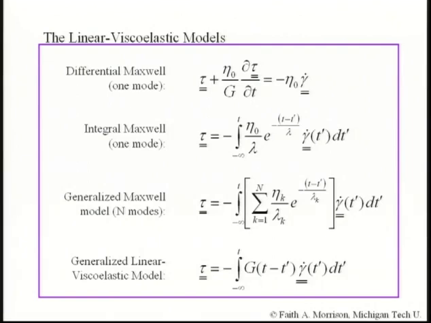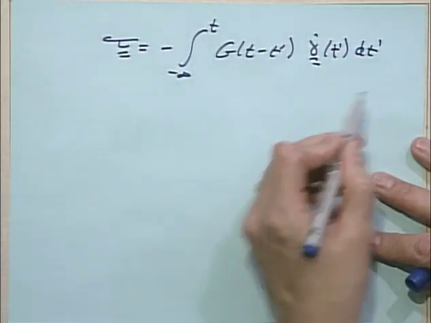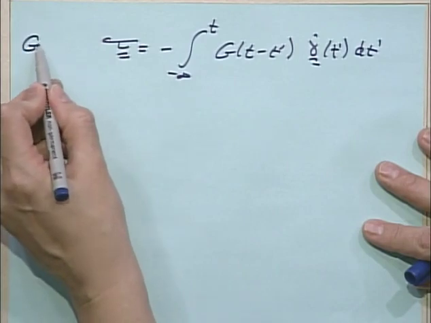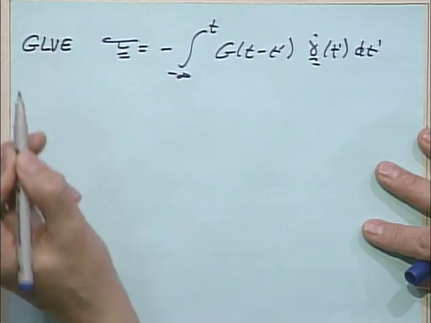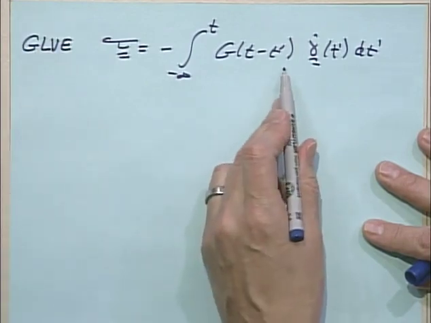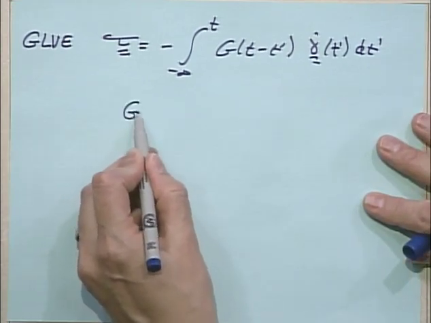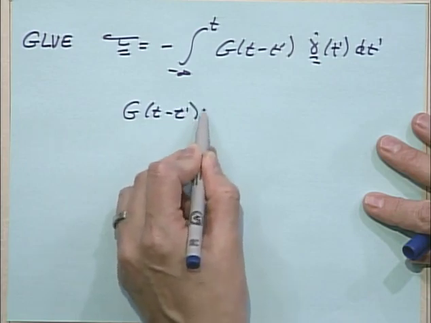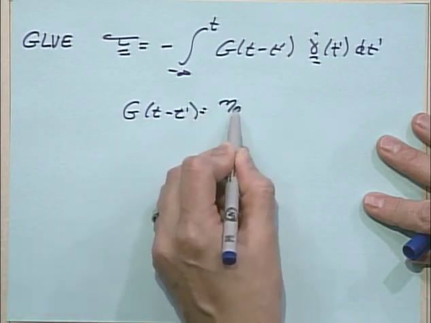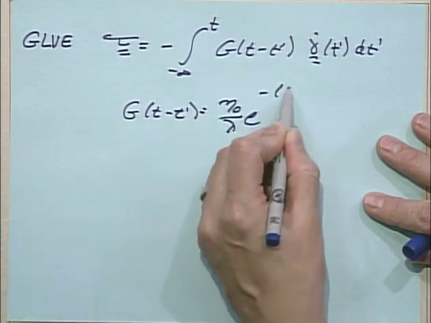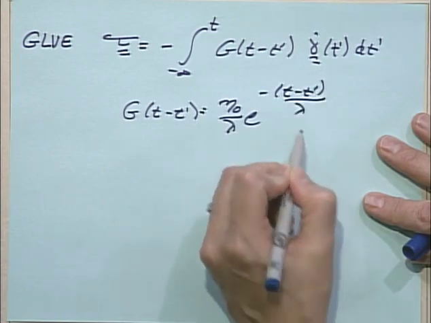So tau equals minus the integral from minus infinity to t of some function g of t minus t prime, times gamma dot of t prime, dt prime. This constitutive equation, the generalized linear viscoelastic model, has as its subsets the Maxwell model, where you let g of t minus t prime be eta naught over lambda, e to the minus t prime over lambda.